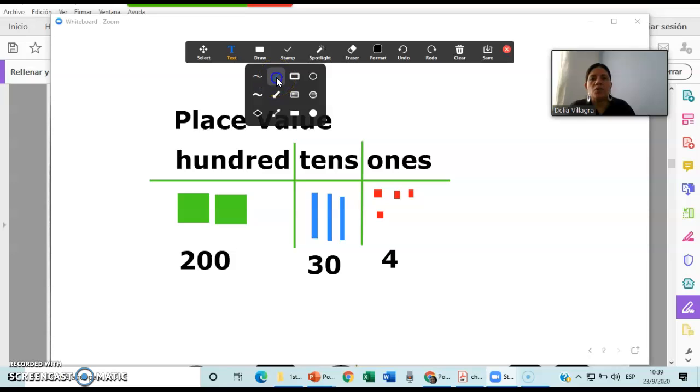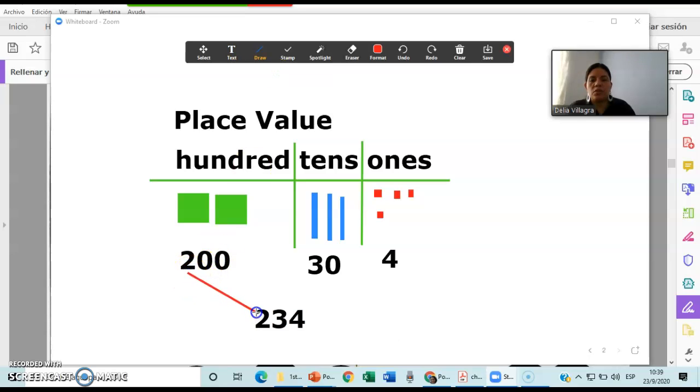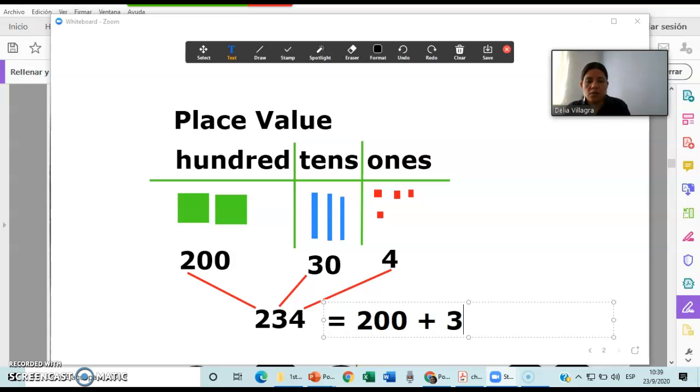It's very important you know which one goes first. 2, then go 3 for the place of tens, and 4 of the ones. So what is the expanded form of 234? It's 200 plus 30 plus 4. You see? Expanded form. So great job.